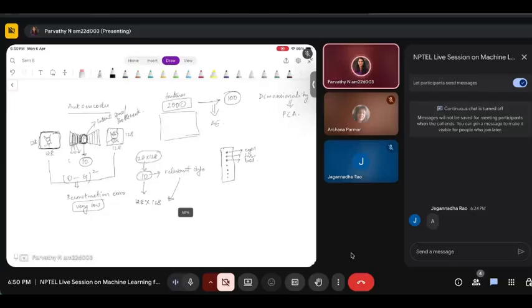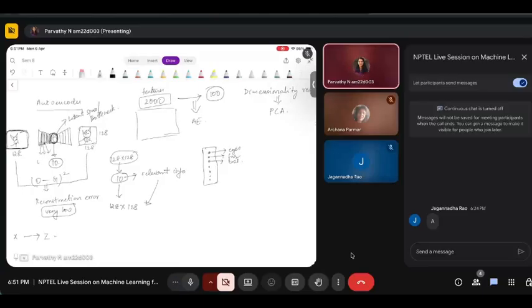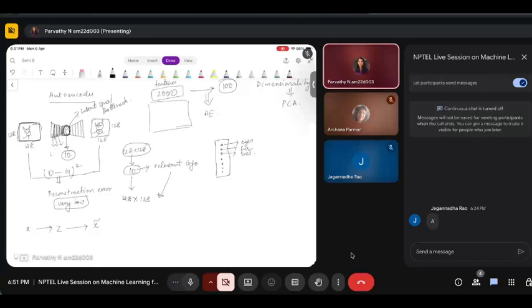So this is how an autoencoder works, where we give an input X to an autoencoder. It will generate a latent space or a bottleneck Z, and it will reconstruct X hat. So how does it reconstruct? By minimizing the reconstruction loss.